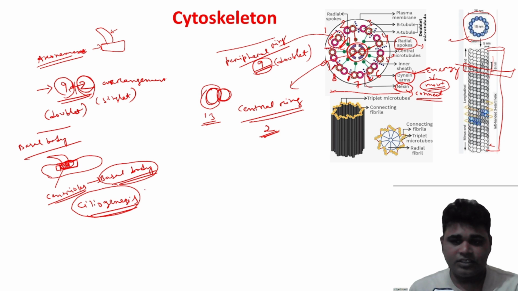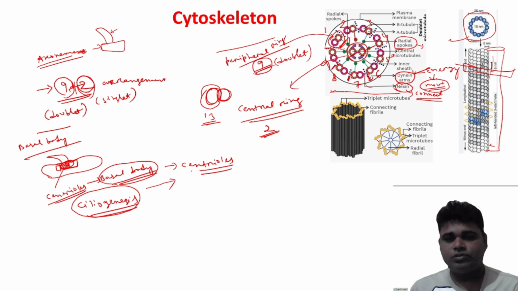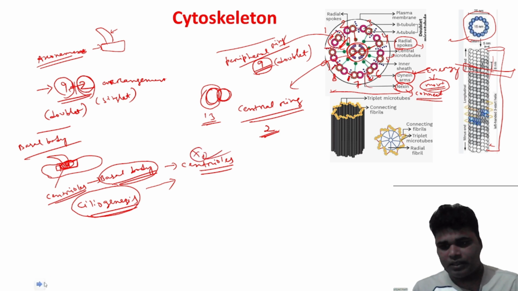Now the structure of the basal body is different. Look at the structure, which is the same as that present in the centrioles. So before going to the basal body structure, first we should know something about the centrioles. What is a centriole?